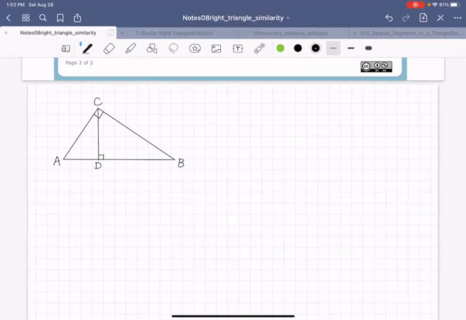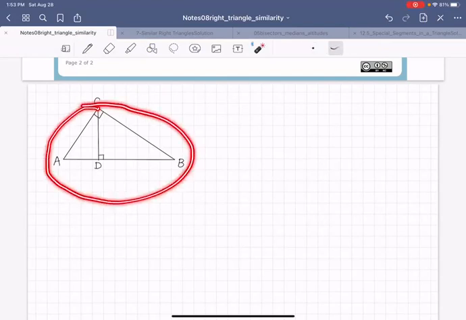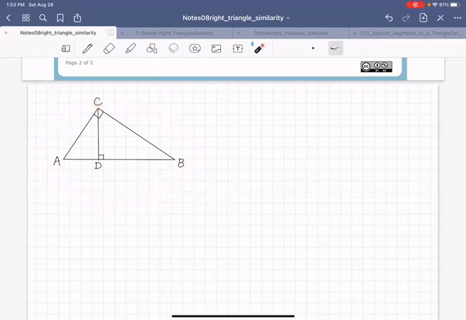Now look at here. I start with the smallest triangle. Inside this triangle, which one is the smallest triangle? The smallest is triangle CAD, okay? Look, this guy is the smallest triangle, correct?